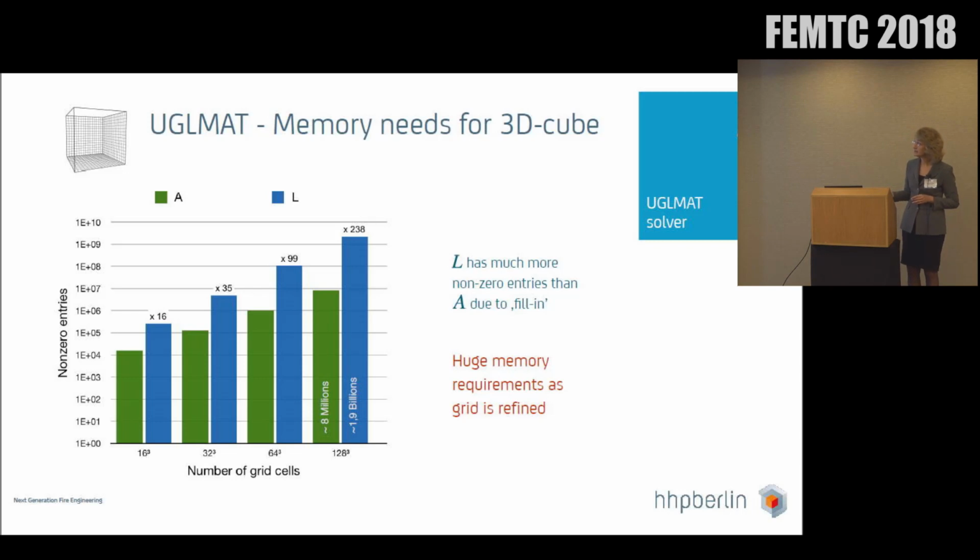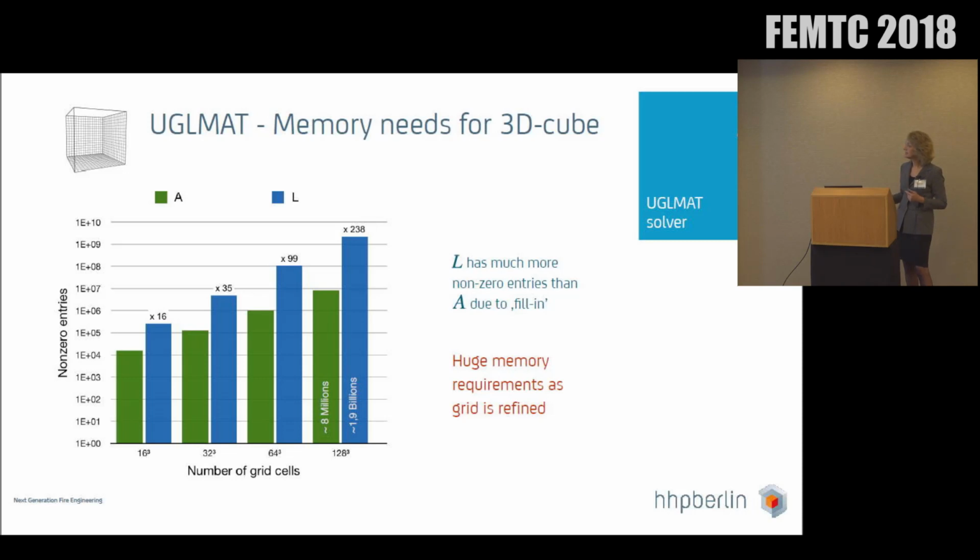If you look at just this simple 3D cube, which is refined more and more, and if you look at the storage needs for this simple problem, then you see it might be huge. The green bars are the storage needs for the sparse matrix A, and the blue bars are the storage needs for the matrix L. And please note, this is a logarithmic scale.